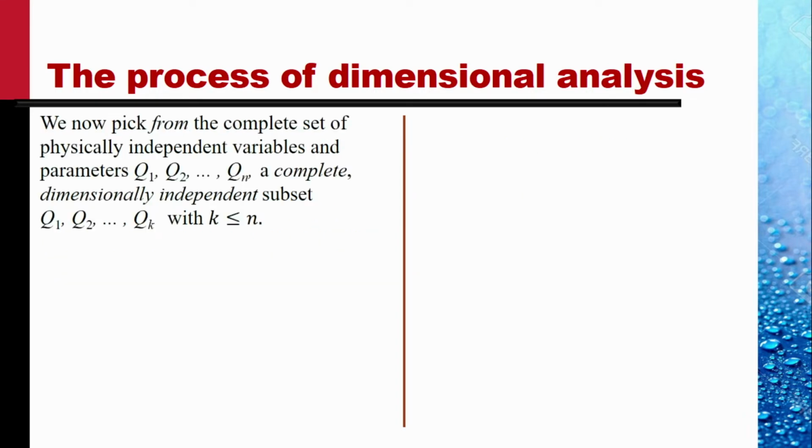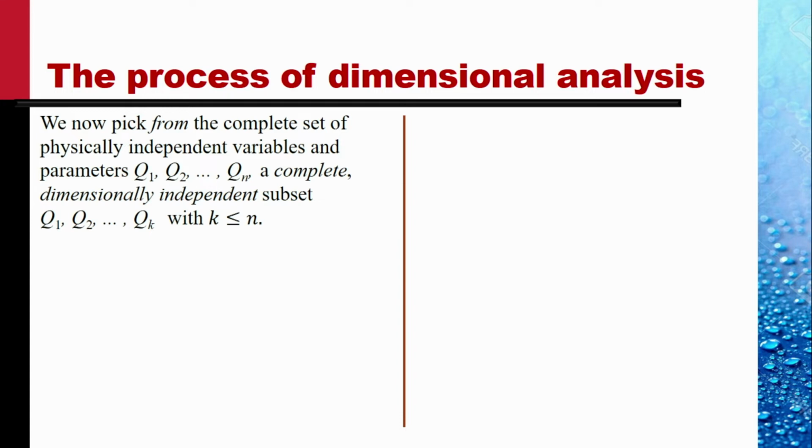We now pick from the complete set of physically independent variables and parameters, in our case only the parameters, Q1, Q2 to Qn, a complete and dimensionally independent subset, Q1, Q2, to Qk, with k less than or equal to n. So it is a subset of Q1 to Qn.